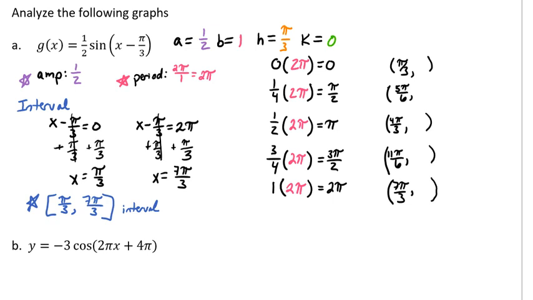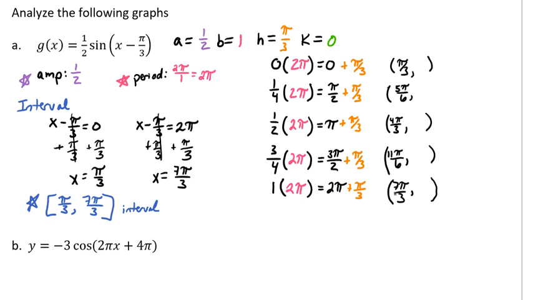But remember, we did have an h value which shifted our interval by pi over 3. So we'll need to add pi over 3 to each of those x values, which is going to give us pi over 3, 5 pi over 6, 4 pi over 3, 11 pi over 6, and 7 pi over 3.